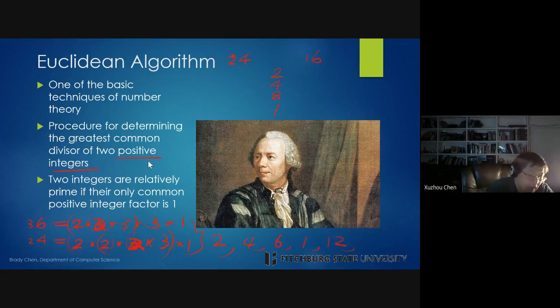Now, in some cases, if I give you two numbers, like that's the example. Another case is if I give you the number 15, and the other number is, for example, 16.